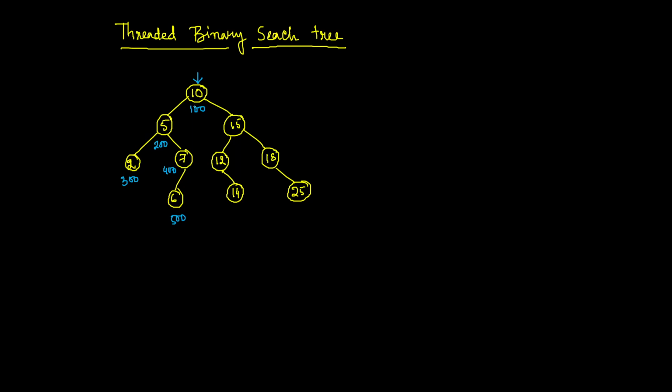Now, if you want to do any order traversal, for example Inorder, then after printing all this set of nodes, you have to print this 10, and then you can come to the right side.